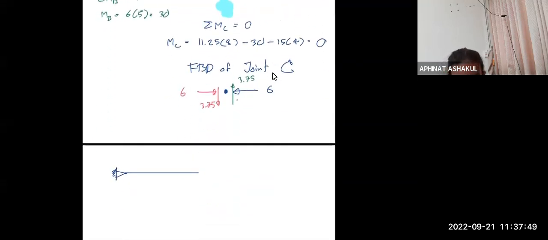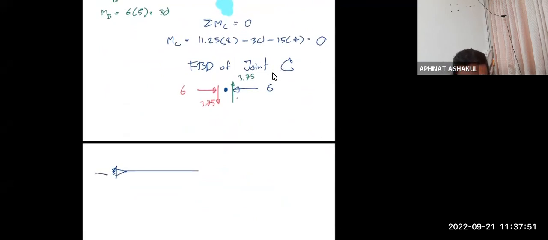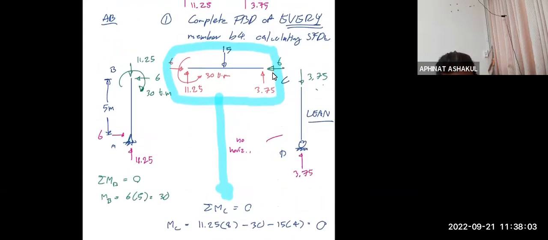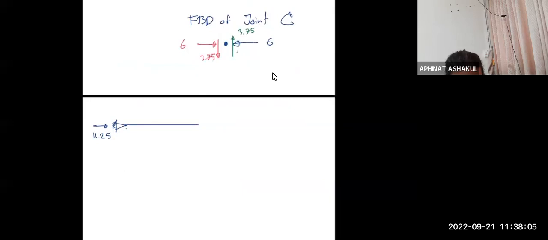So we have this. 11.25 like this. Okay, and that one is 6 downward. So that's 6 up. And then you have this. And then you have moment.